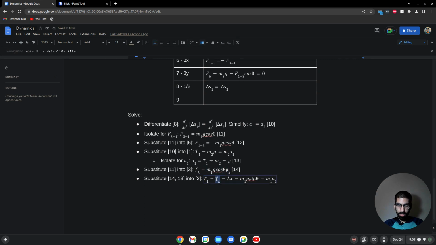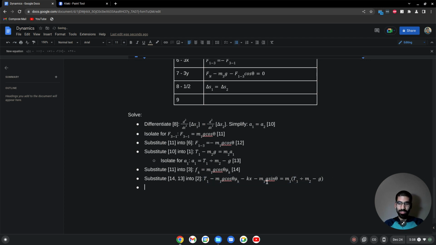We're going to make the substitution here. a1, we're going to make this substitution here. Let's not forget our brackets here while we're substituting, right? This is being multiplied by something, so we don't want to forget our brackets.